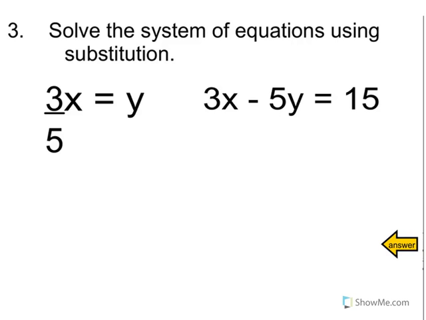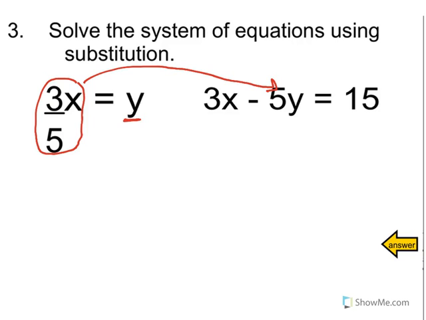Looking here, we have 3/5 x equals y, and we have 3x minus 5y equals 15. What I know is that y is equal to 3/5 x, and so I can plug that in for the y in my second equation.